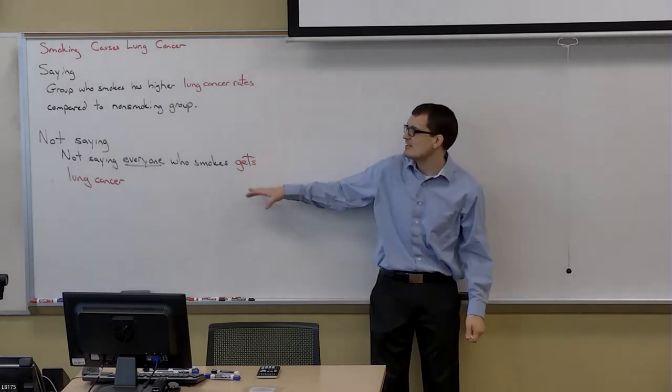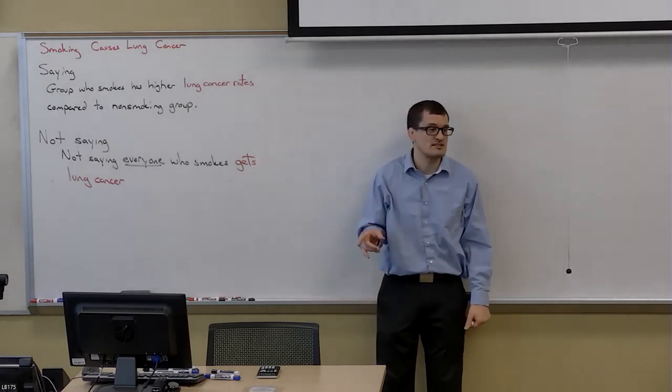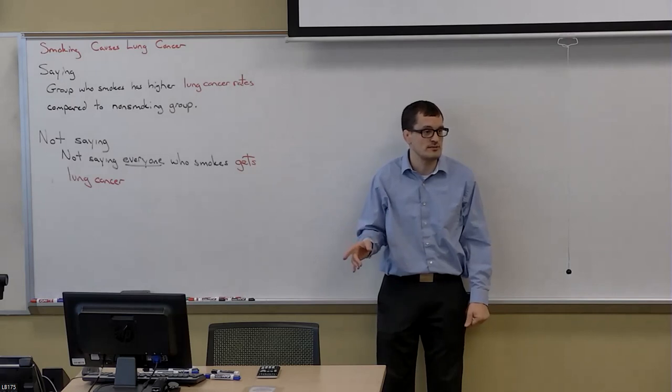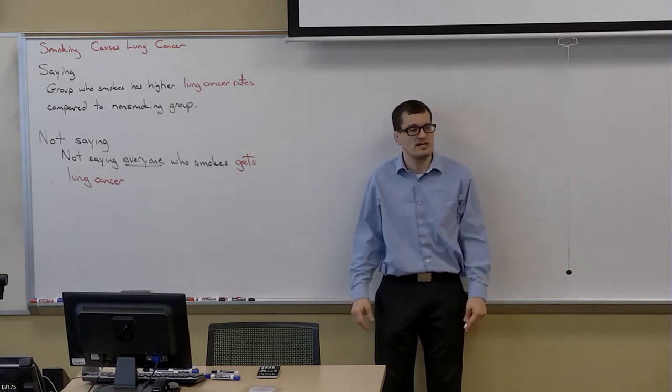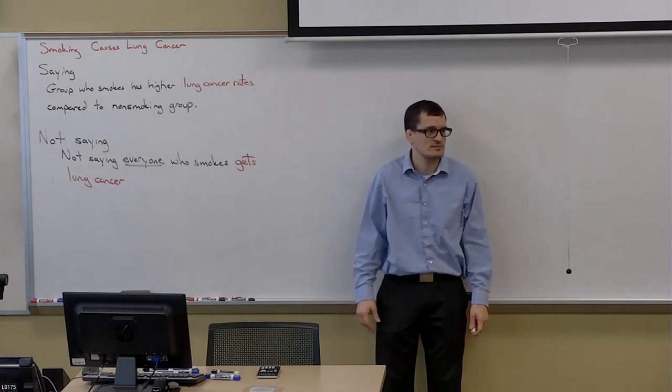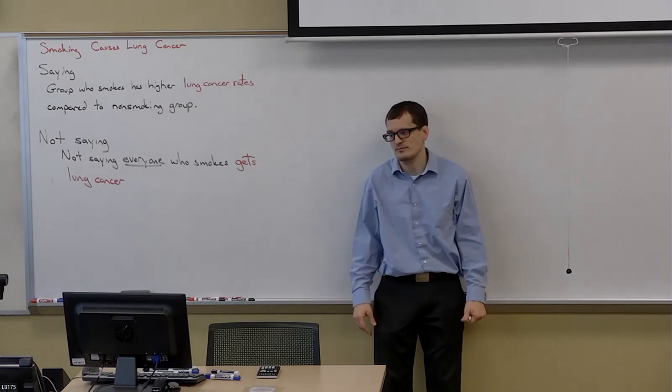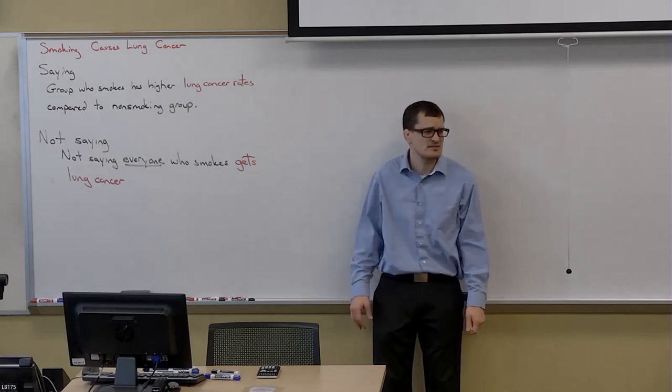In this case, there probably is a direct causal relationship between the smoking and the lung cancer, right? You put a lot of smoke and black stuff in your lungs, and you're more likely to get lung cancer. Does that make sense?